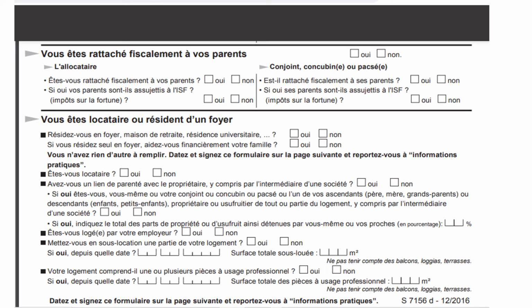But the next question is very important. If the tenant is linked to the owner, it's not going to work, all right? But in your case, because you're coming from abroad, the chance of that happening is very, very small, okay?